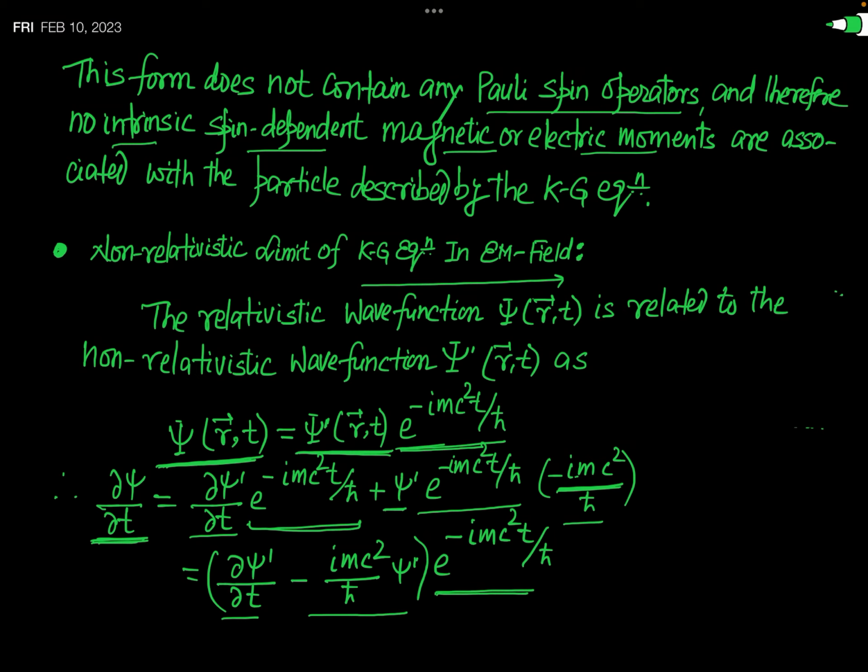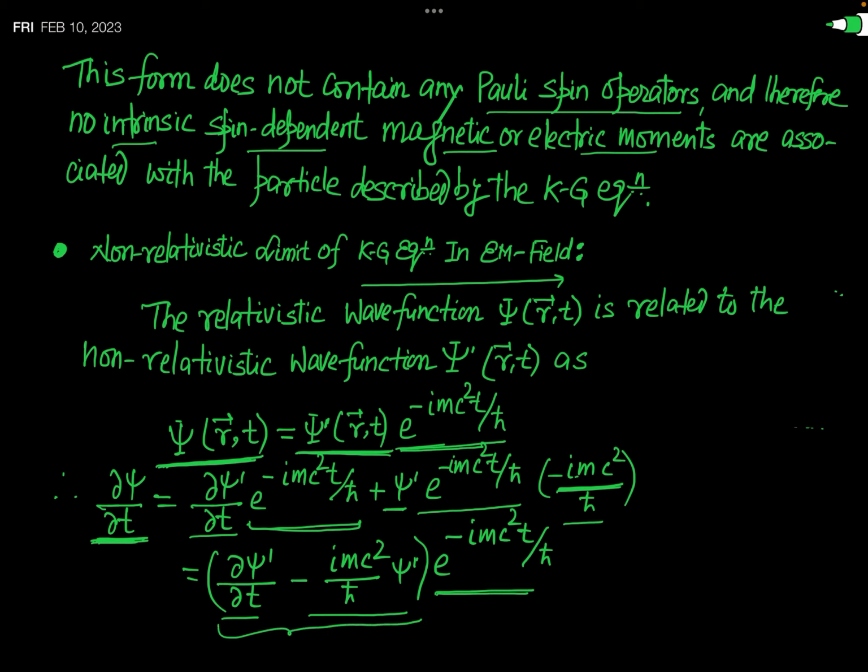Remember, psi is the relativistic wave function and psi prime is the non-relativistic wave function. Now again we will differentiate this del psi by del t with respect to t, and we will get del 2 psi by del t square. Again there are two factors.